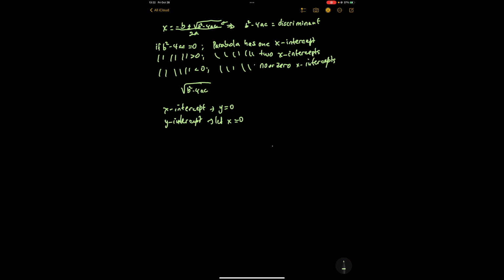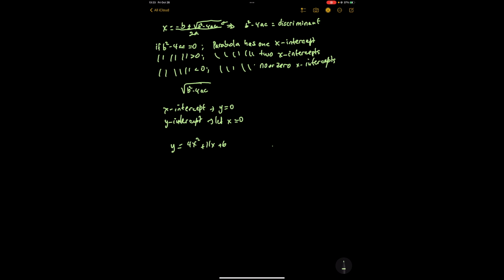Let's say we have this function right here: y equals 4x squared plus 11x plus 6. And they said find the x-intercept of the parabola.